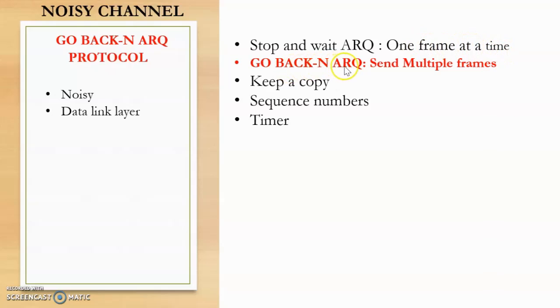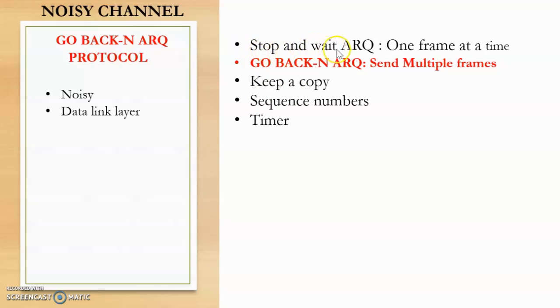But in Back N ARQ protocol, the sender can send multiple frames at a time before waiting for an acknowledgement. Also, since multiple frames are sent at a time, the sender will keep a copy of the frames until an acknowledgement is received for the frames.